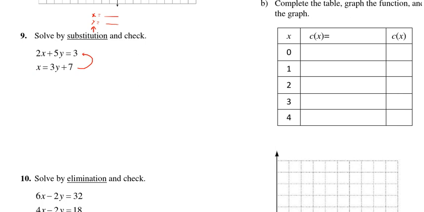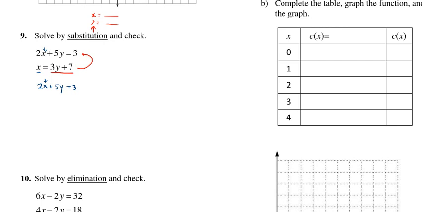So I am going to do the substitution in the first equation. I'm going to rewrite here 2x plus 5y is equal to 3. And then I have the value of x, so I will substitute x right there. And x is equal to 3y plus 7.